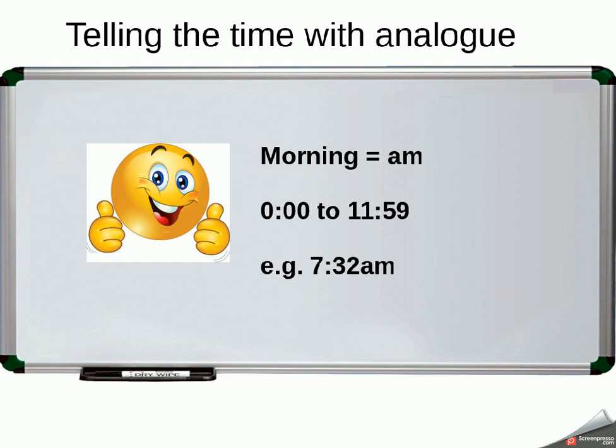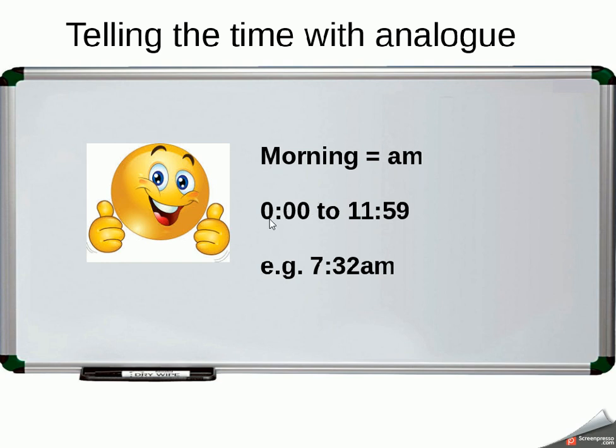But the problem with that is how do we tell morning and afternoon apart? There's a 1 o'clock in the morning and a 1 o'clock in the afternoon. The answer to that is if it's the times in the morning, we put an AM after it, and that tells us it's the morning.